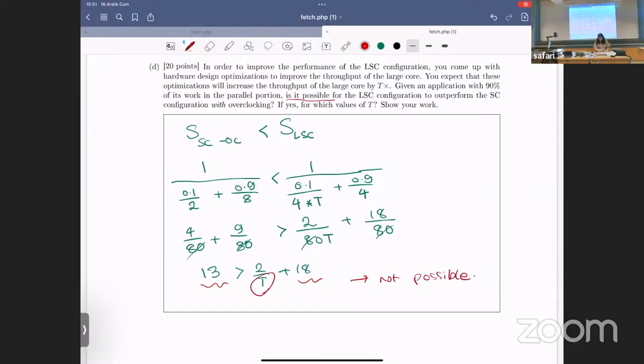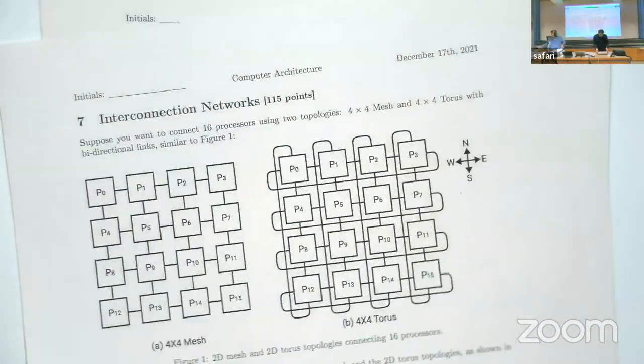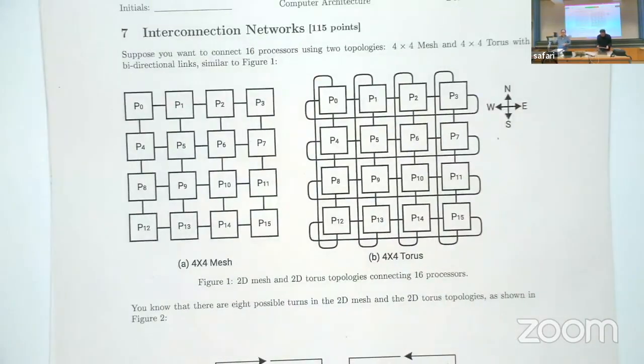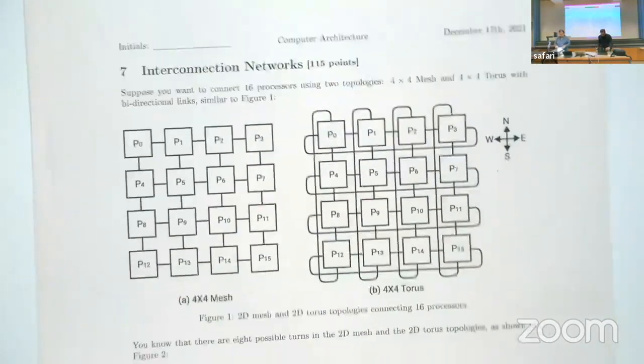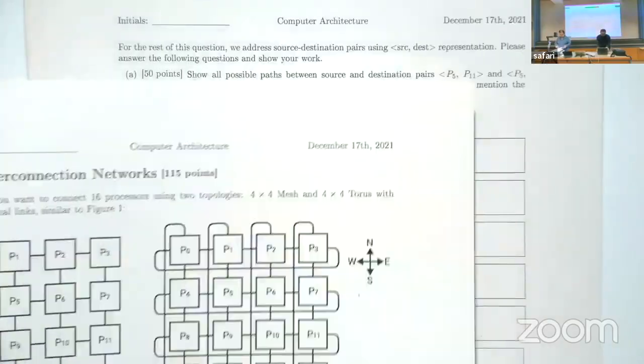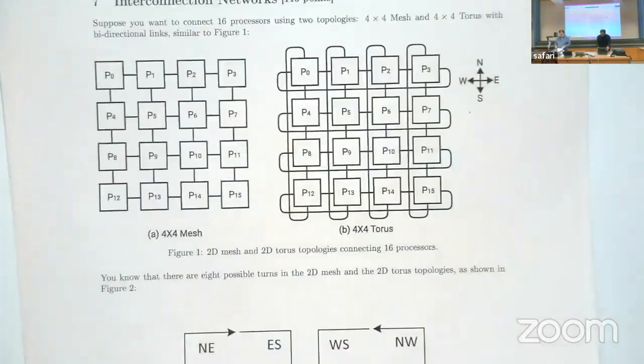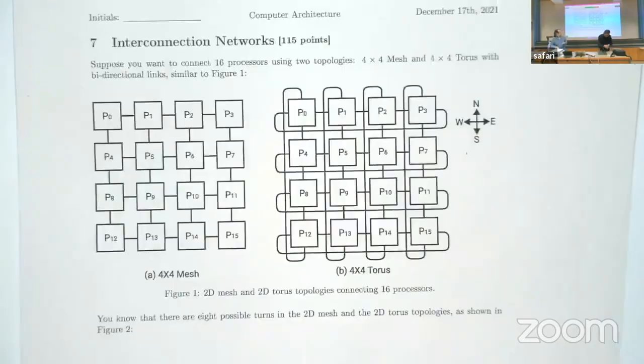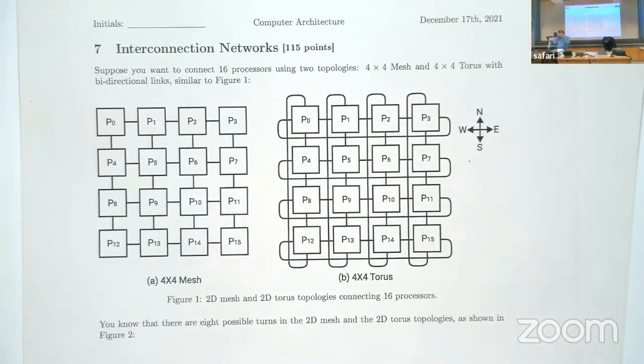Then, questions? So we are going to run out of time soon, but I'm going to quickly also discuss this question, the interconnection networks. In this question, we have 16 processors, and we are connecting them in 2 different topologies.